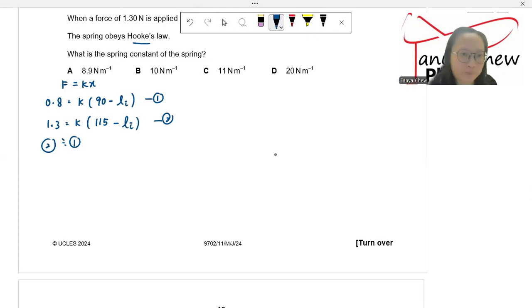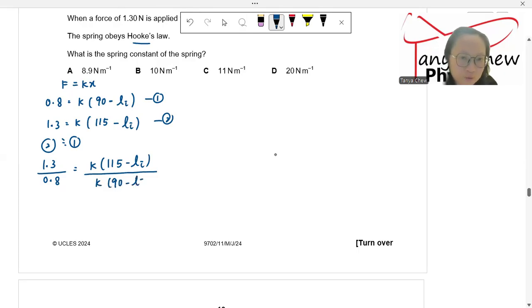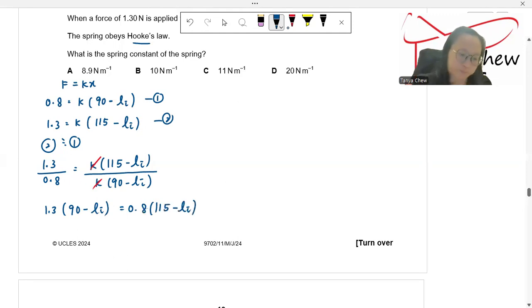I get 1.3 divided by 0.8 is equal to K times 115 minus initial length over K times 90 minus initial length. Now K and K cancel off. This is 1.3 times 90 minus length initial is equal to 0.8 times 115 minus length initial. So I get my initial length first.